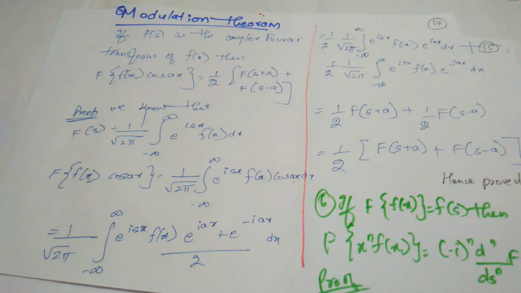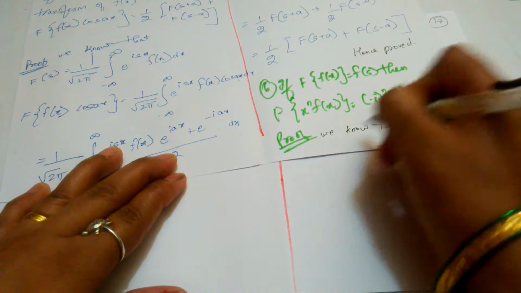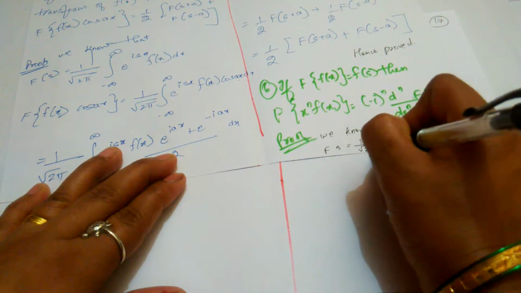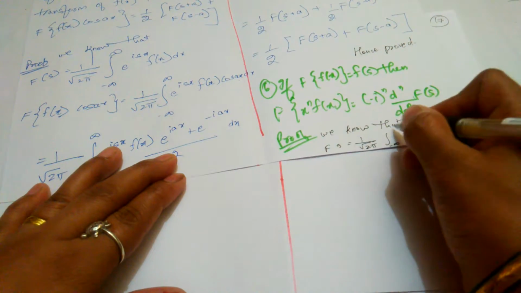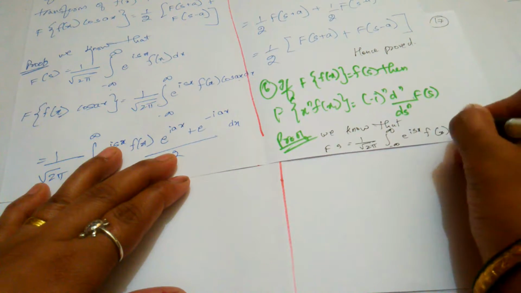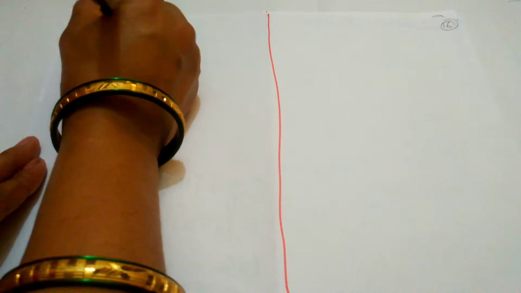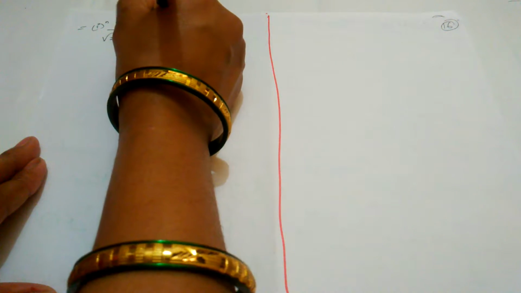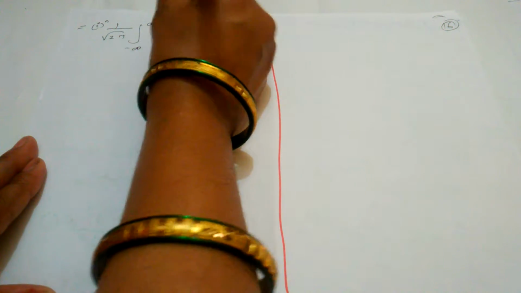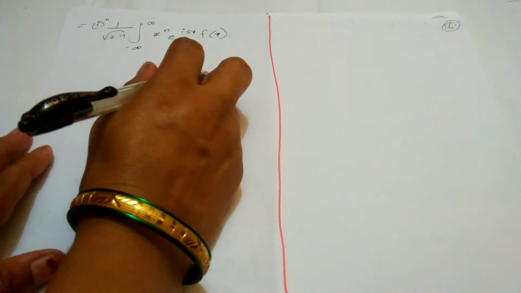We know that F(s) is equal to 1 upon square root of 2 pi integral from minus infinity to infinity e^(isx) f(x) dx. So we can also write it as i^n times 1 upon square root of 2 pi integral minus infinity to infinity x^n e^(isx) f(x) dx.